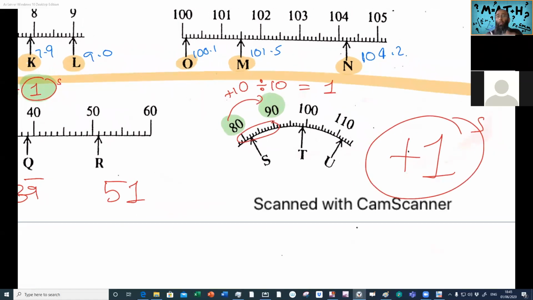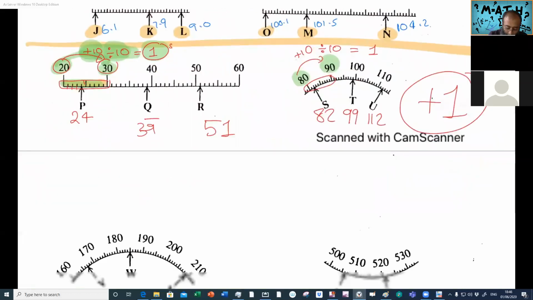We're counting in 1. So we're counting add 1, add 1, add 1, add 1. So 80, 81, 82. And what's T and U? 90, 99 and 112. Fantastic, girl. You are bombastic.